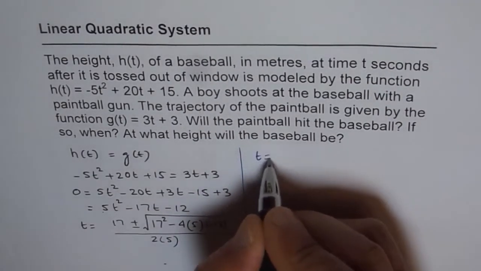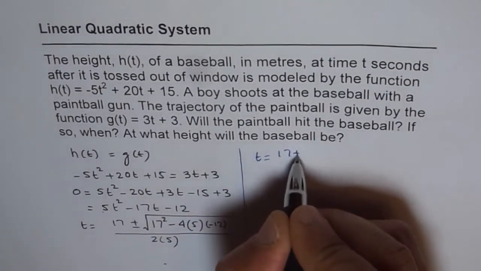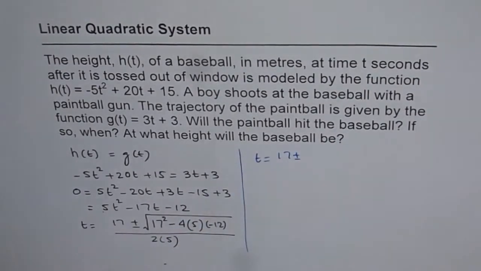So t equals 17 plus and minus. Let's use the calculator: 17 squared minus 4 times 5 times minus 12. I should have put the bracket here. Let me do it again. 17 squared, because it becomes plus, right?